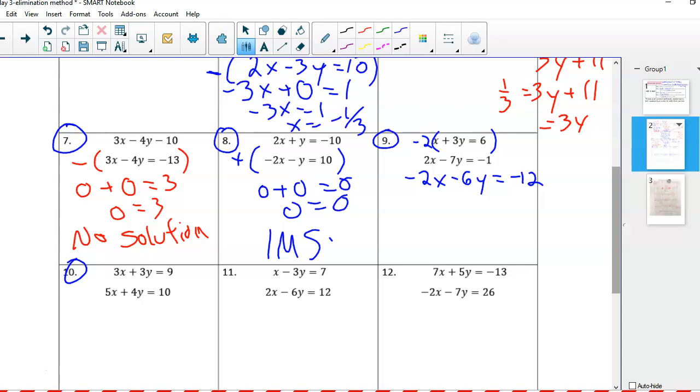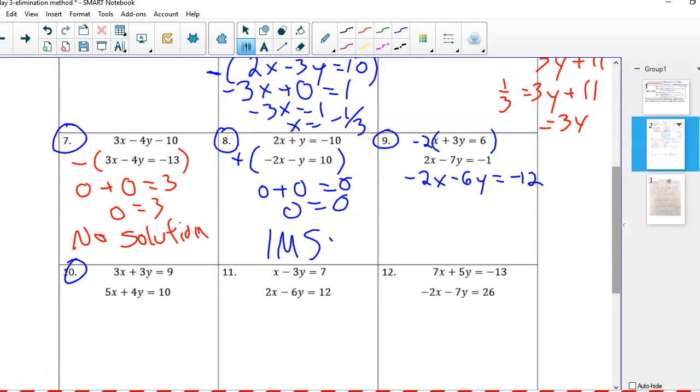Now, you could have just multiplied it by 2, which would have been fine. In our case, because I multiplied it by negative 2, we're going to end up adding. If you multiplied it by just 2, you would end up subtracting. You would get the same thing. It just depends on the number you choose.